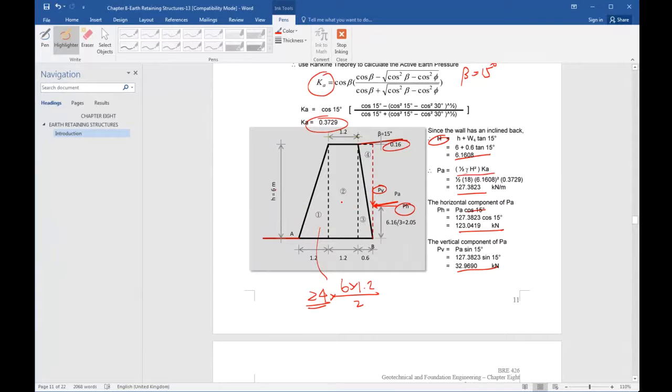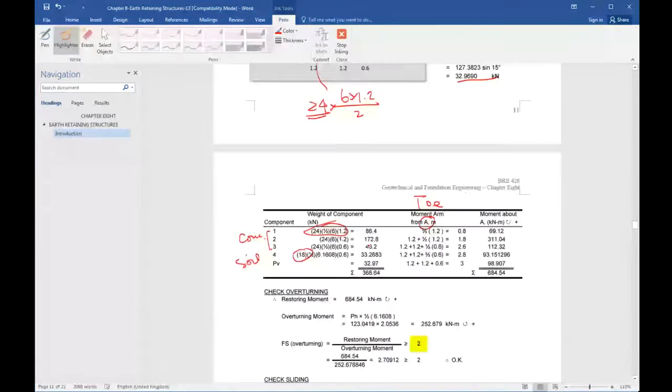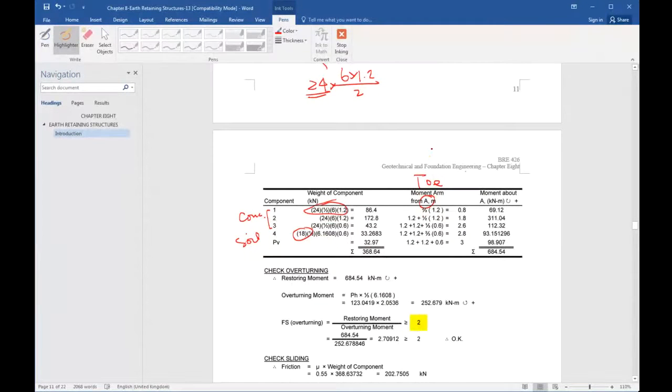And what about here? What's the distance here? 1.2 plus 0.6, right? So you get all these distances, the moment arms. The moment arm here is 1.2 plus 1.2 divided by 2, okay? 1.8 for element 2 and so on.